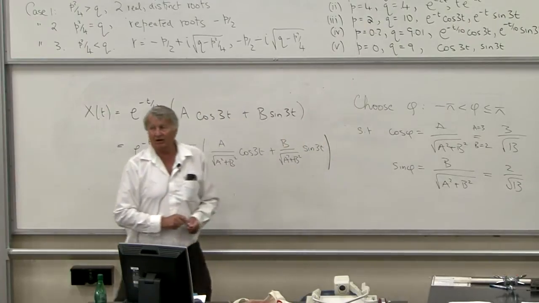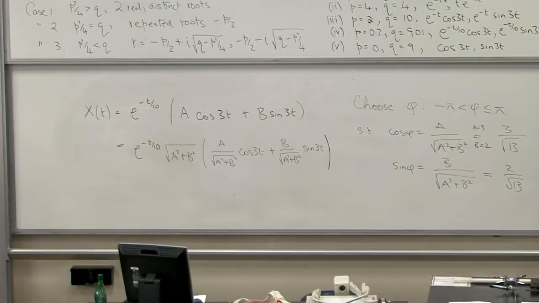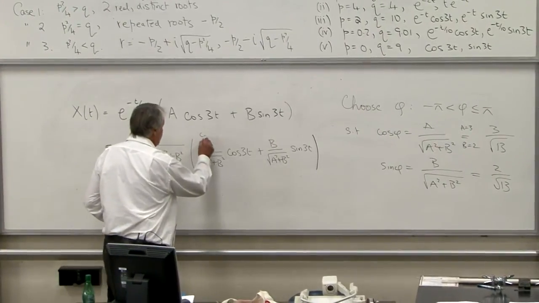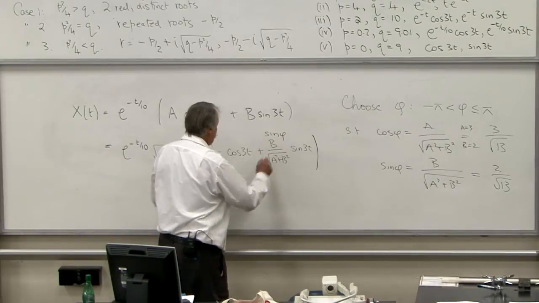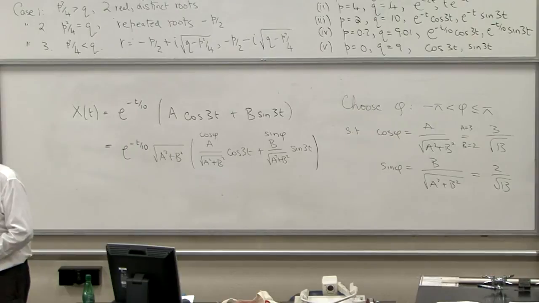Now I can find the unique phi whose cosine is 3 over root 13 and whose sine is 2 over root 13. So this guy is just cosine phi. This guy is just sine phi. And so I've cos 3t, cos phi, plus sine 3t, sine phi.